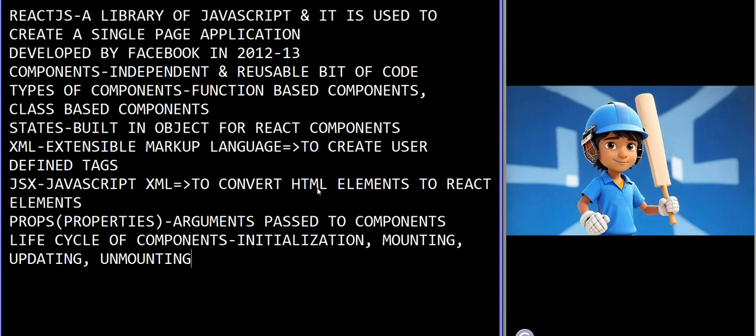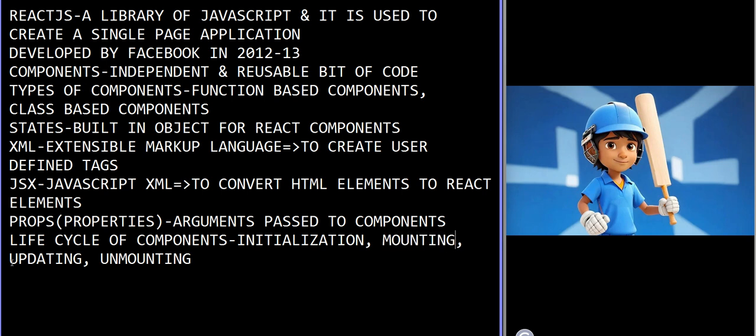Initialization is whatever components or required code the application needs, we take all of them and then we initialize them. Then in mounting, we write the logic for whatever required elements we have taken.